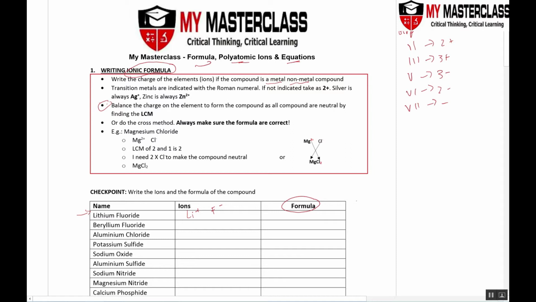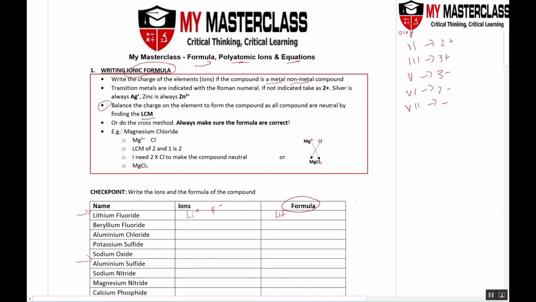The different elements will usually form a neutral compound, so we balance the charge by finding the LCM. Li+ is 1 plus and F- is 1 minus. Because they already even out, the formula is very straightforward: it's just LiF.